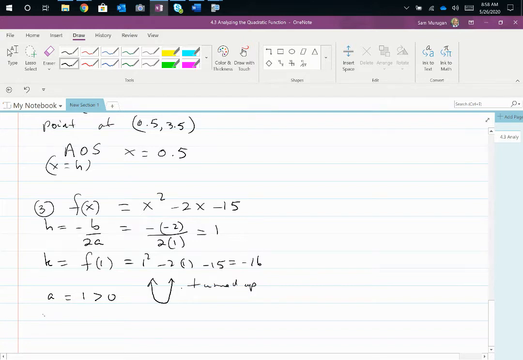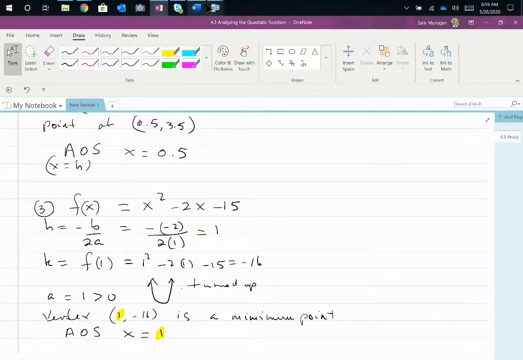The vertex 1 and negative 16 is a minimum point, and the axis of symmetry x is equal to 1, the h value of the vertex.